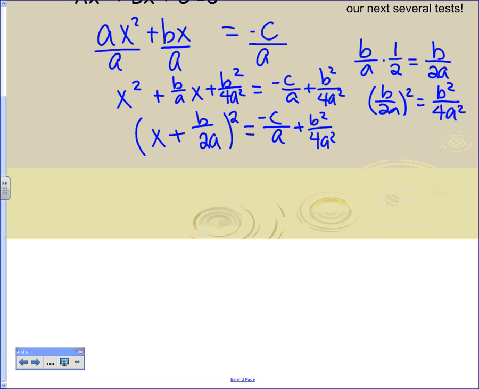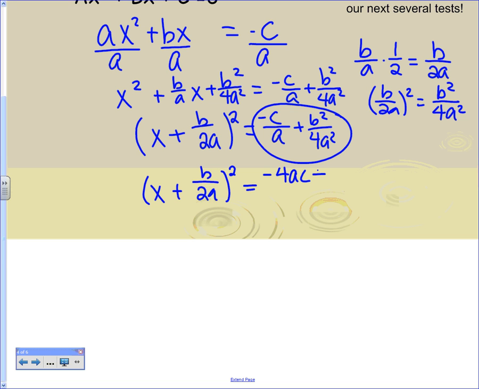I need to make this part one fraction. Okay? So you have negative 4ac plus b squared over 4a squared, right? You already have 1a, and this one has 2, so you have 2, because that's the most that you need.